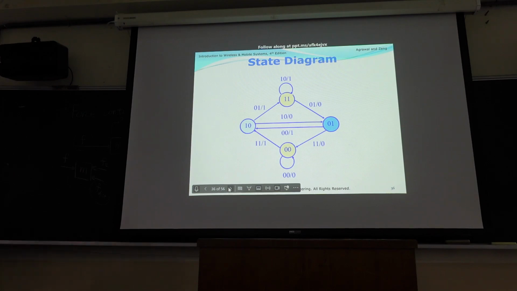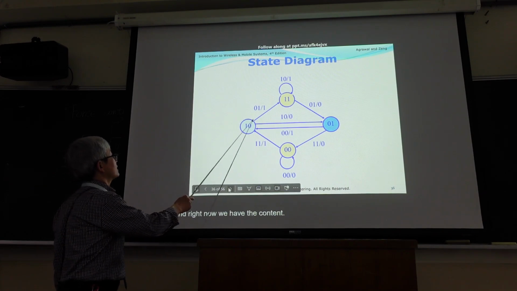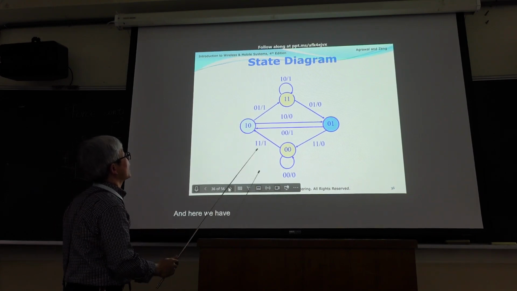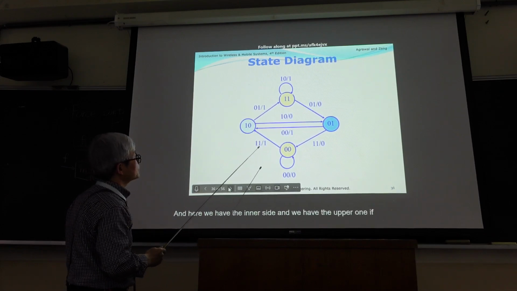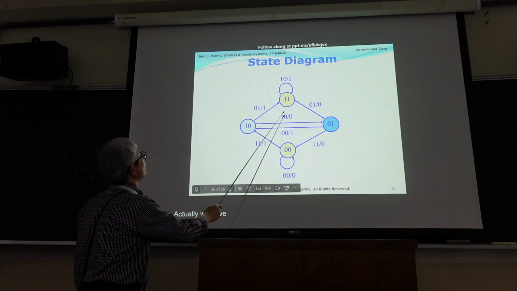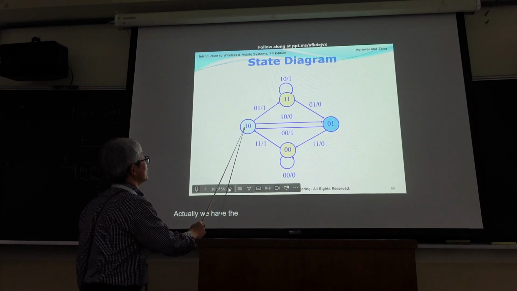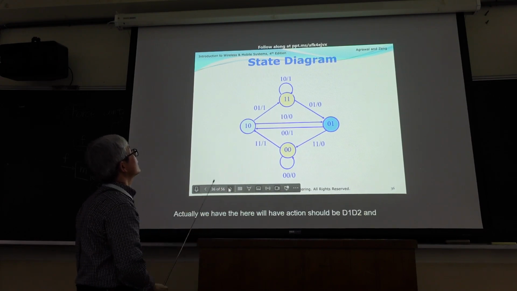And right now we have the content, and here we have the input side, and we have the output one. Actually it should be D1, D2, and we have the others.